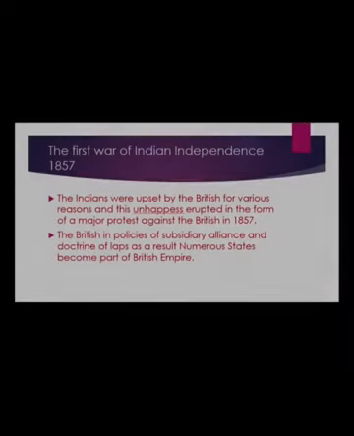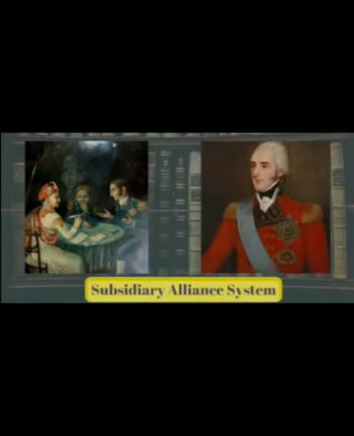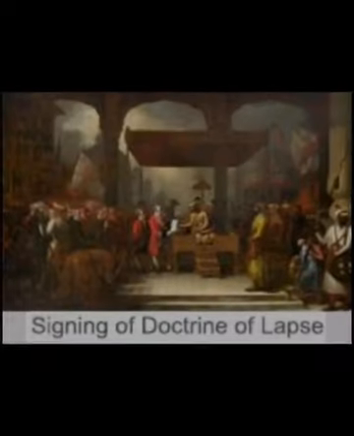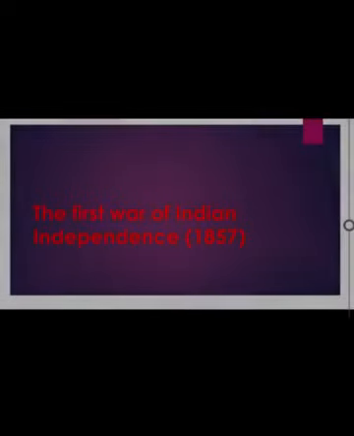Dear students, the Indians were upset by the British for various reasons, and this unhappiness erupted in the form of a major protest against the British in 1857. Due to the doctrine of subsidiary alliance and the doctrine of lapse implemented by the British, most Indian kings were forced to lose their kingdoms.